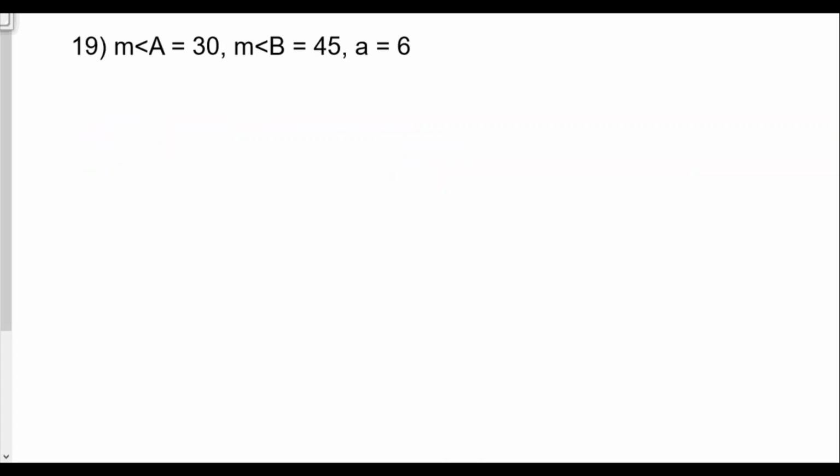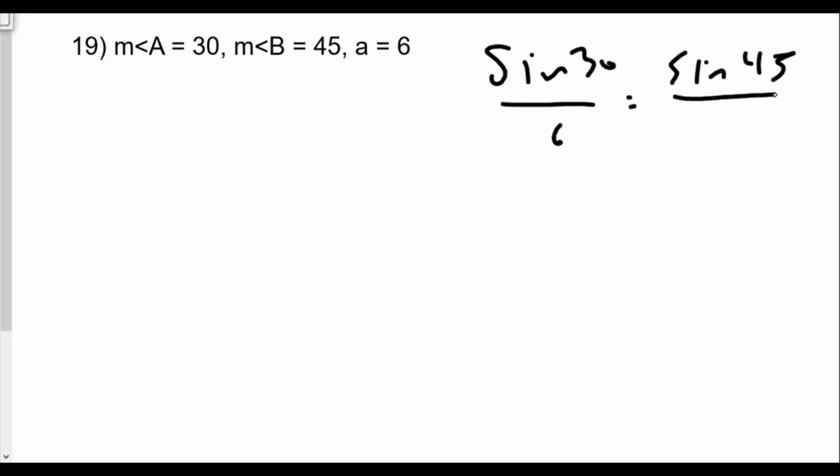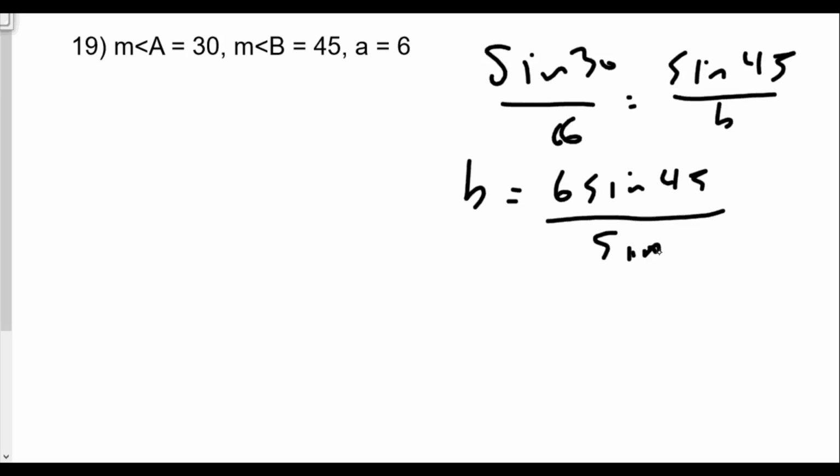Number 19. So here is a law of sines situation, and so we'll have in this case the sine of 30 over 6 equals the sine of 45 over B. Therefore, B is equal to 6 sine of 45 over sine 30. We're going to take a calculator out and find the value.